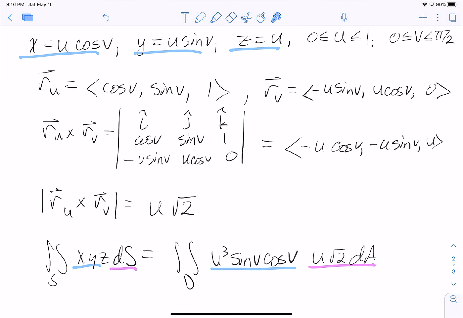Well, that's true in general. Here we were actually given that u goes from 0 to 1, v goes from 0 to pi over 2. So those bounds are going to give us our D here.